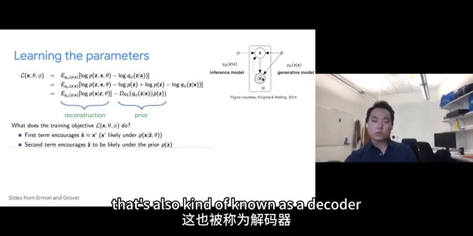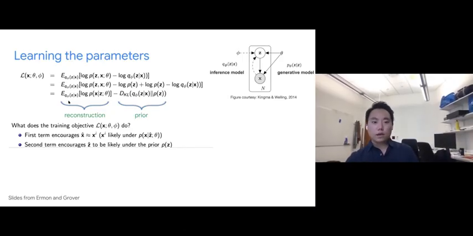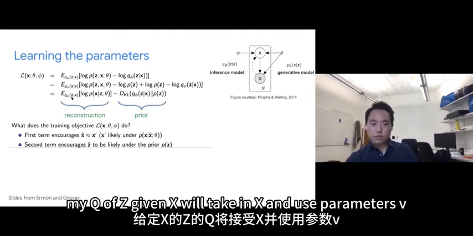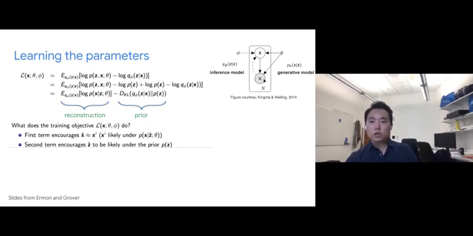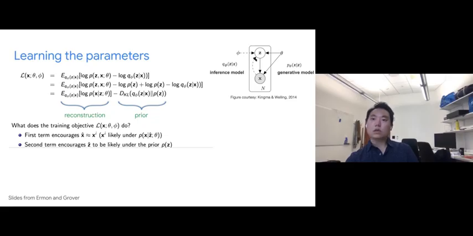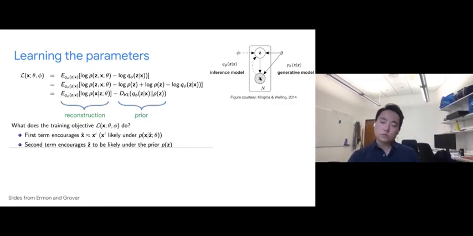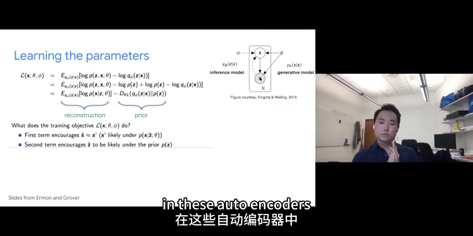In autoencoders, that's also known as a decoder that takes z and actually generates data x. My Q of z given x will take in x and use parameters phi to predict which latent variables correspond to that particular data point. So that is the inference model, also known as the encoder model in these autoencoders.